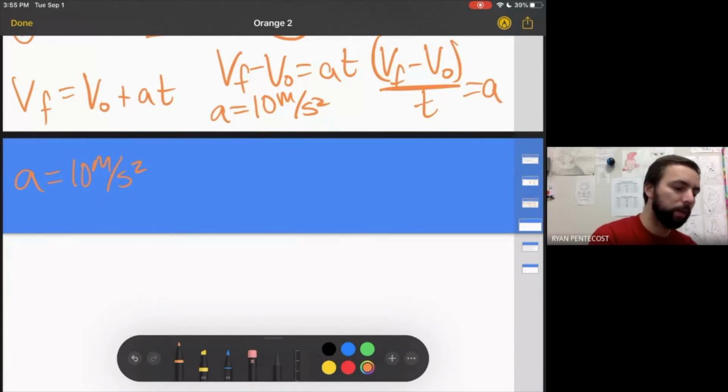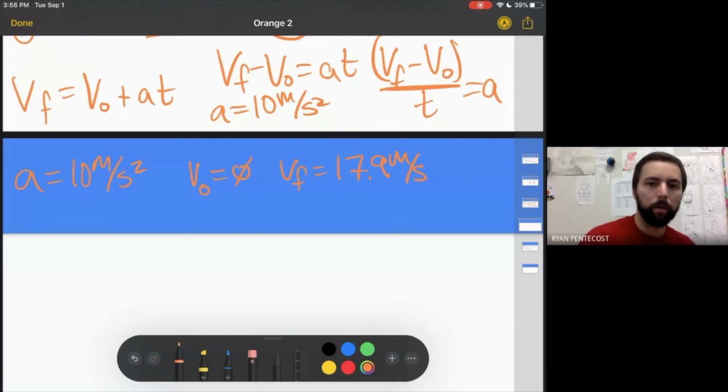This is asking if the cheetah goes from rest to 17.9 meters per second, and it wants to know the distance. What is the distance it takes that cheetah to accelerate to that velocity?